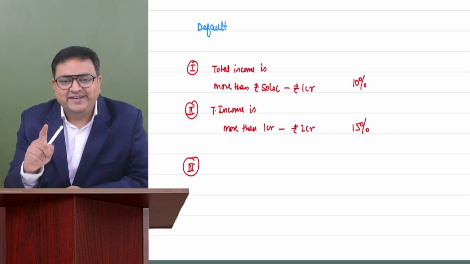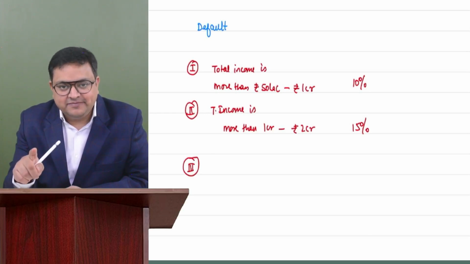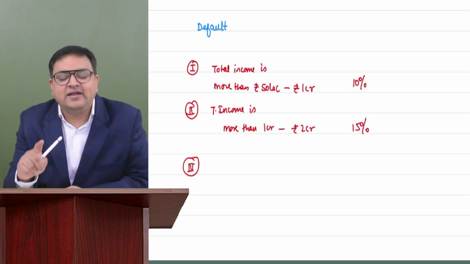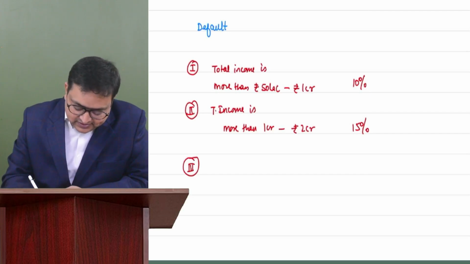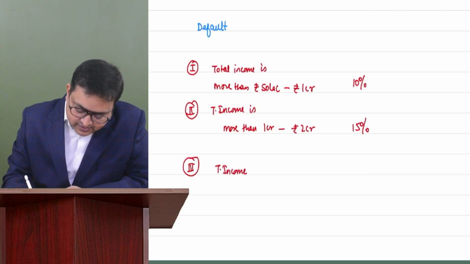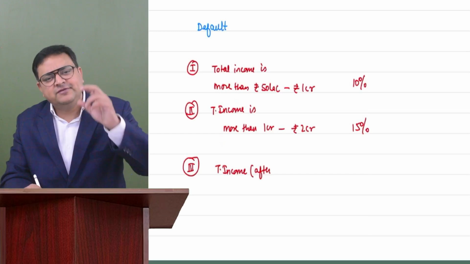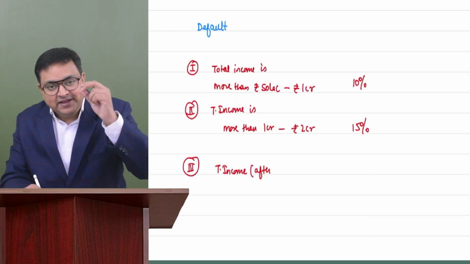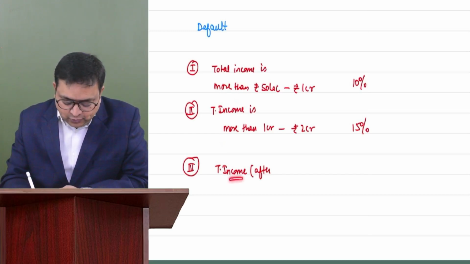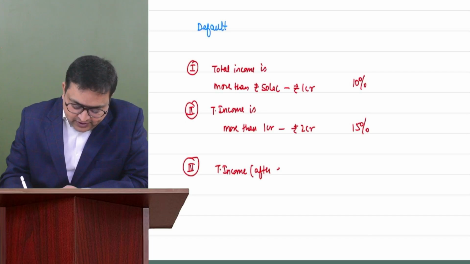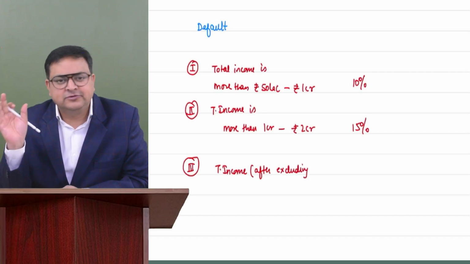Here in the first two levels, we were just seeing the total income, not excluding anything. But in the third level, we will see the total income after excluding those stock market incomes.